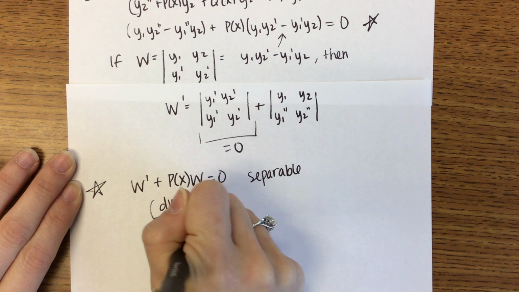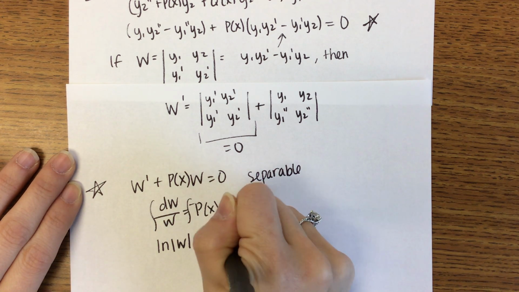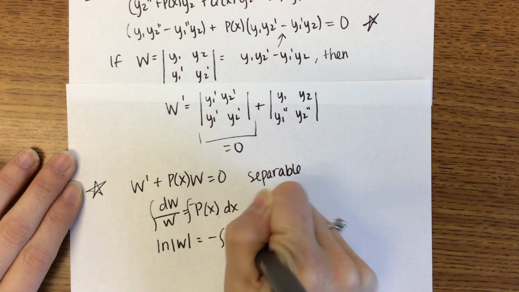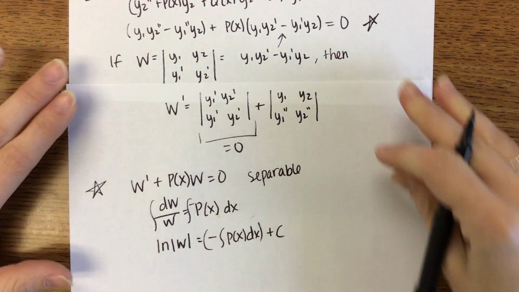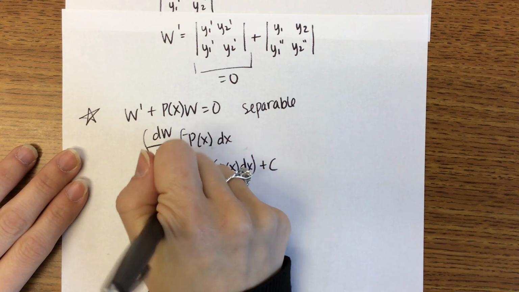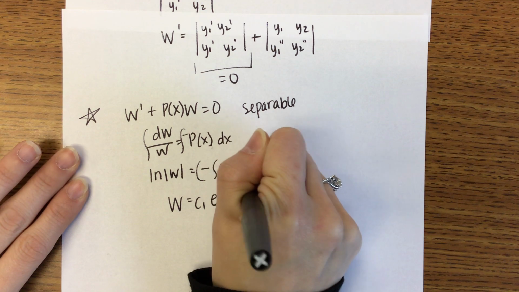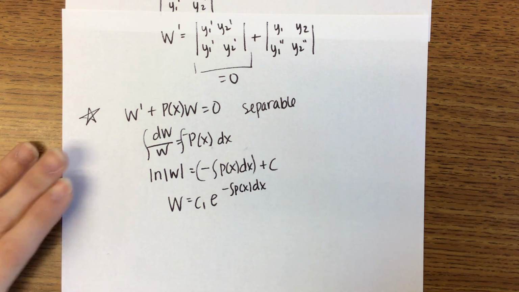So natural log of w is equal to negative the integral of p of x dx plus some constant c. So our Wronskian then ends up being c1 e to the negative integral of p of x dx.